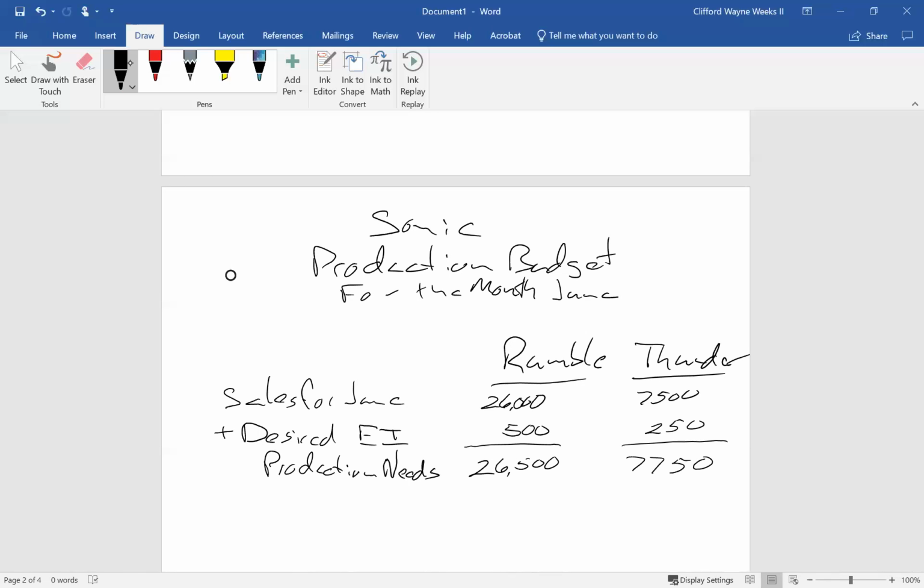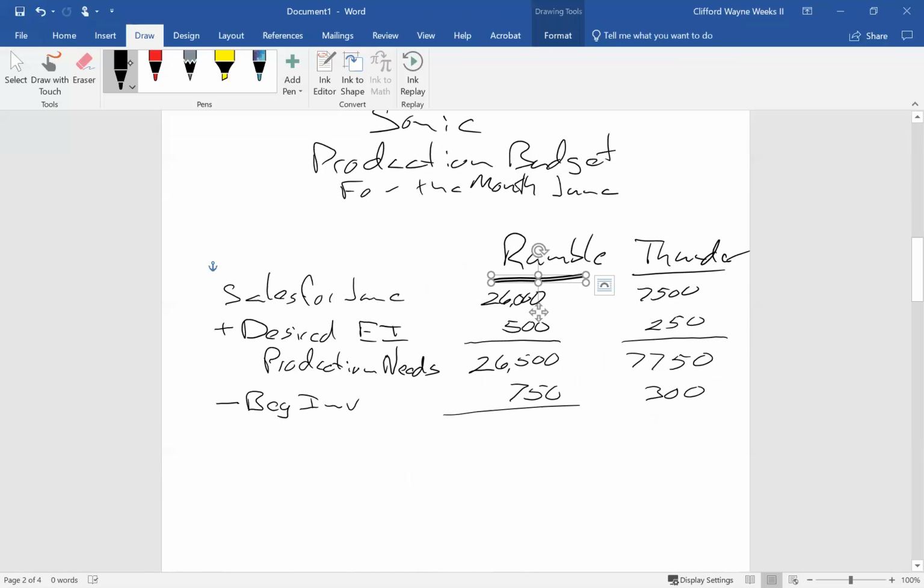However, if we already had those units on hand, if we had beginning inventory, if there were already 750 units on hand for the Rumble, and 300 for the Thunder, we obviously don't need to produce those. So if we already had those, then we don't need to produce them. And so all we have to do is subtract those.